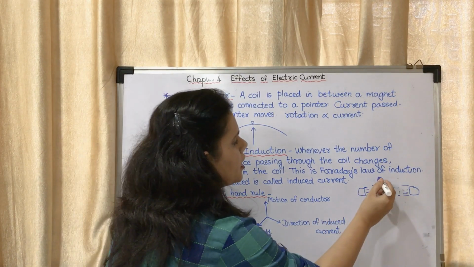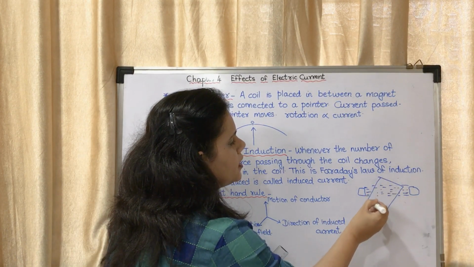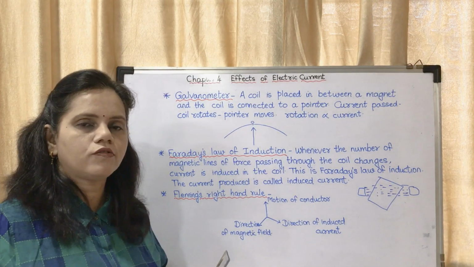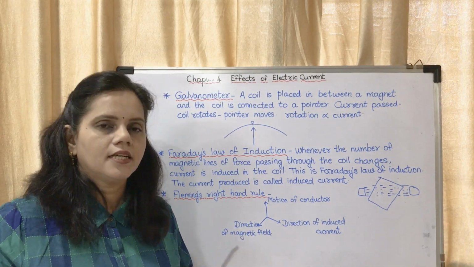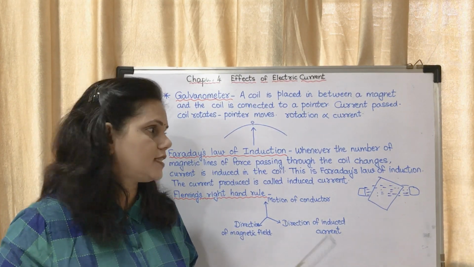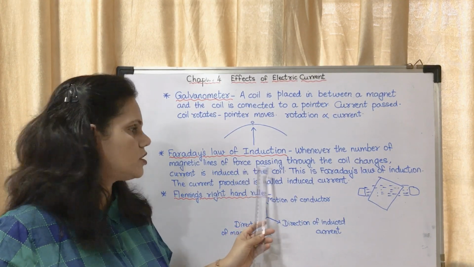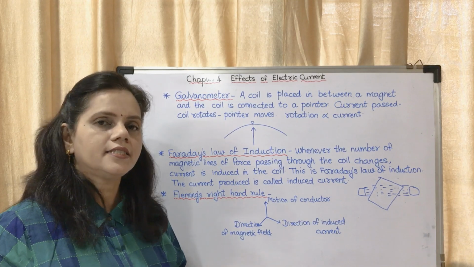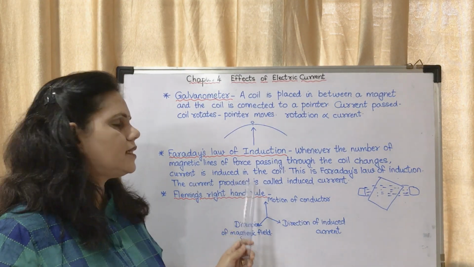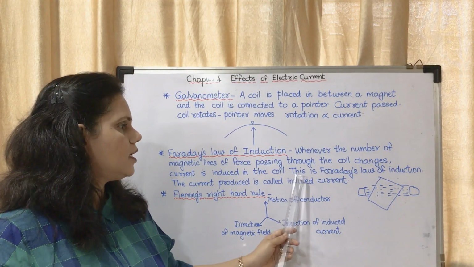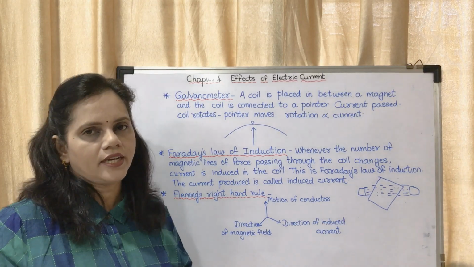If it comes to this position, then the number of lines of force is changing, isn't it? That means whenever the number of magnetic lines of force passing through the coil changes, the current is induced in the coil. This is Faraday's law of induction.